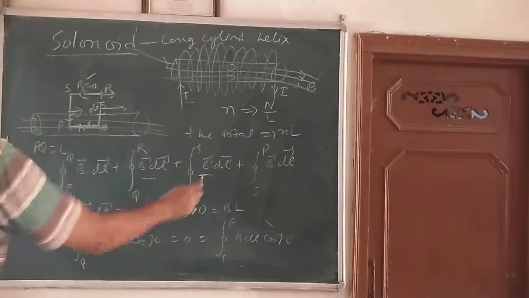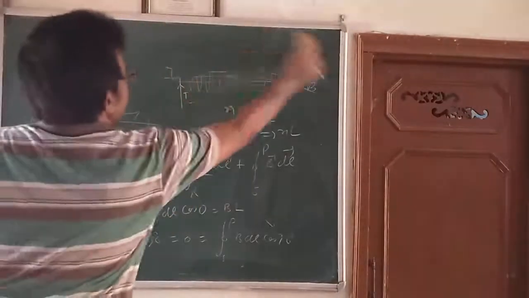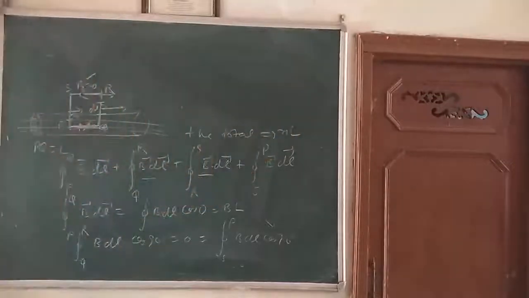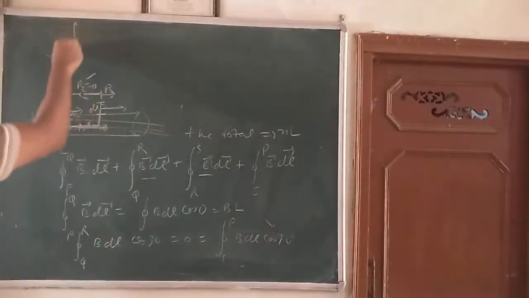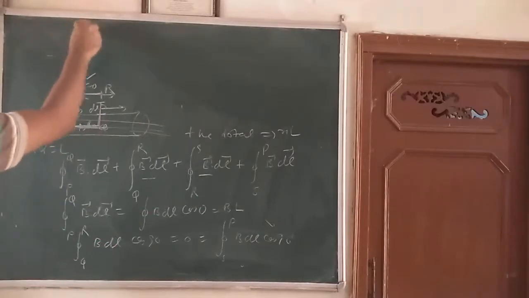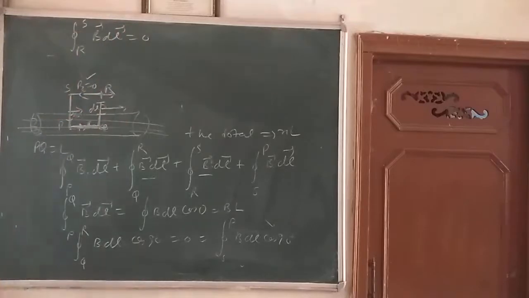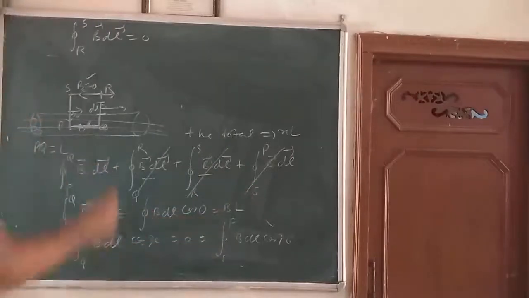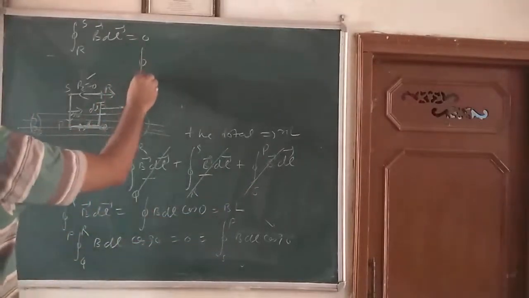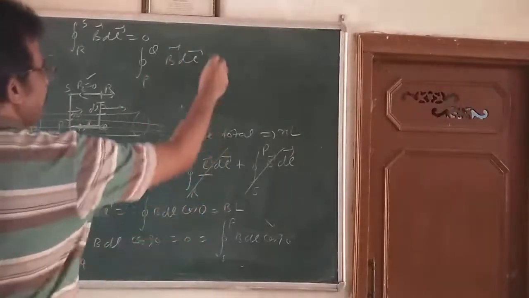And for this one, outside the solenoid, the magnetic field is 0. So the integral of B dot dl along RS is 0. With the help of these equations, the contributions due to QR and SP cancel out. Only the part along PQ remains, that is BL.